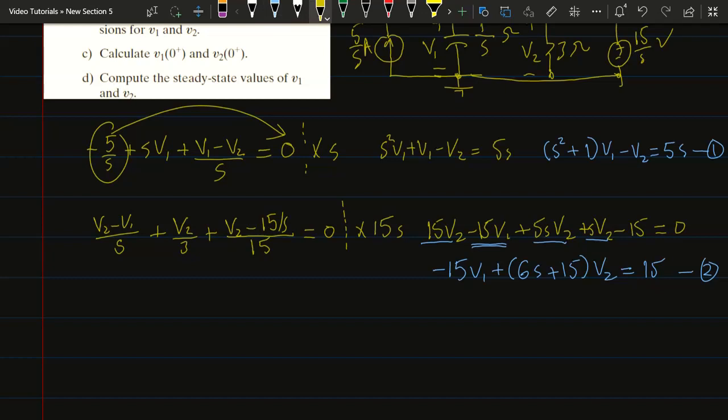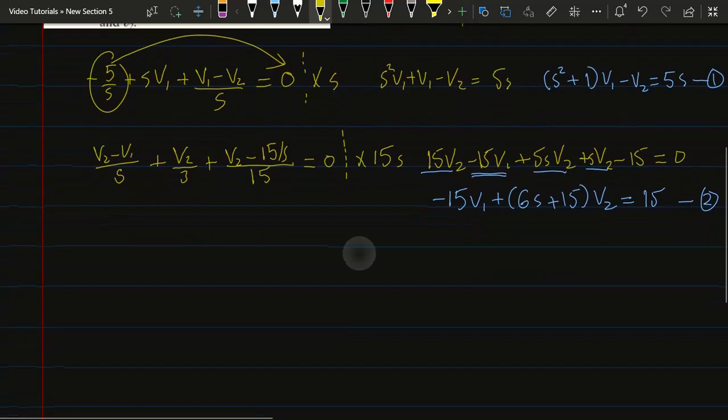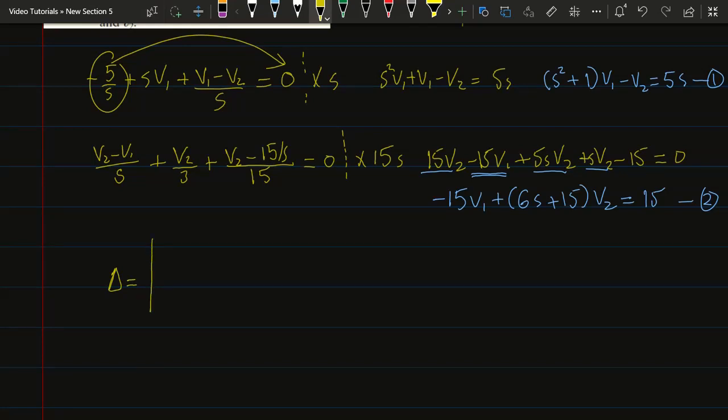Now to solve this system of equations to get expressions for v1 and v2, I will use Cramer's rule, and for that I need to calculate the determinant of s square plus 1, minus 1, minus 15 and 6s plus 15, and this comes from these coefficients over here in the 2 equations.